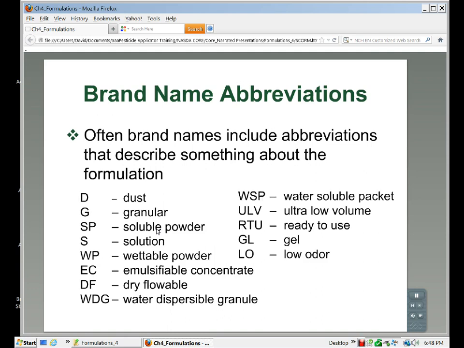All of these are mixed with water. ULV is ultra-low volume, and it may or may not be mixed with water. RTU is ready to use as is. There are many different abbreviations, even GL for gels and LO for low odor.